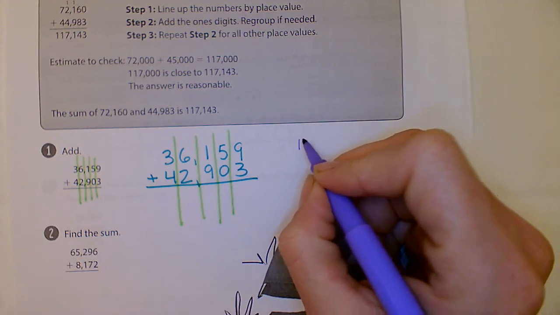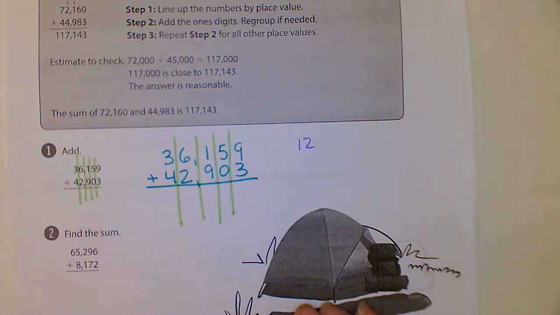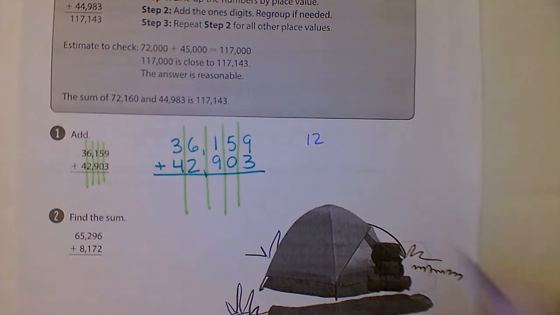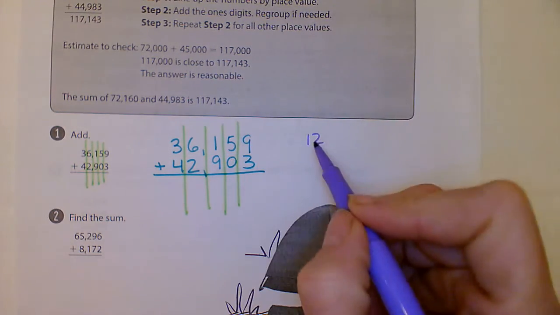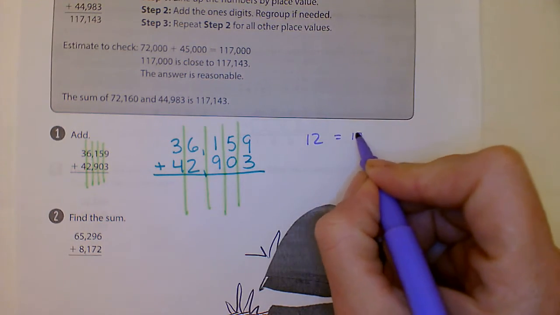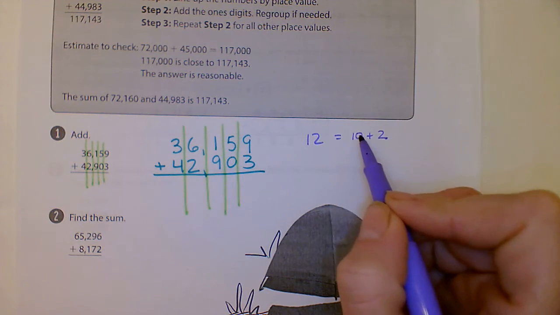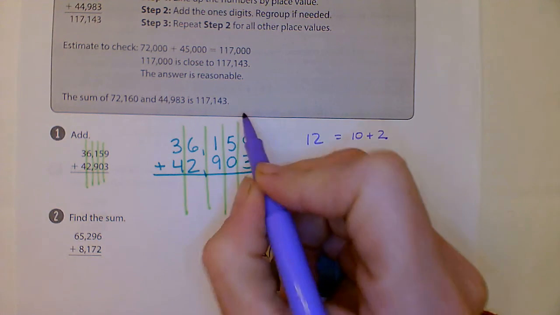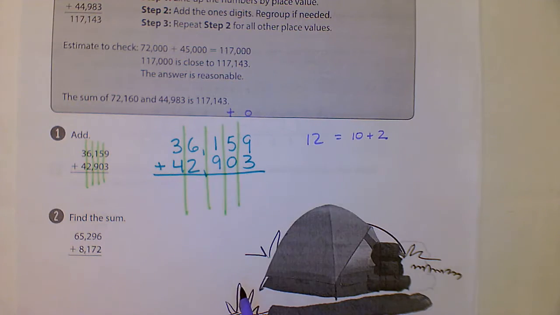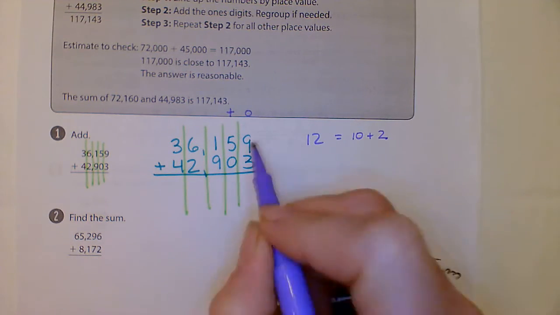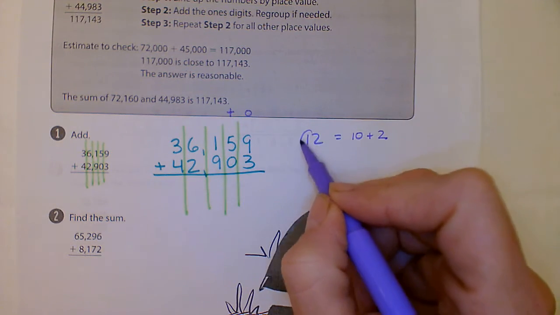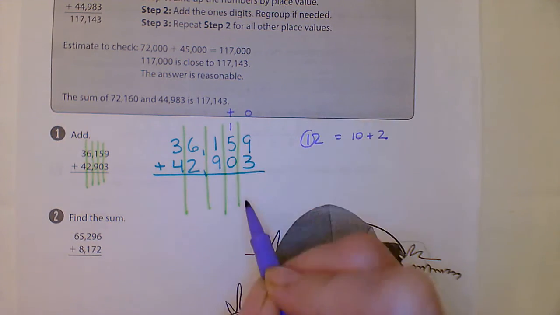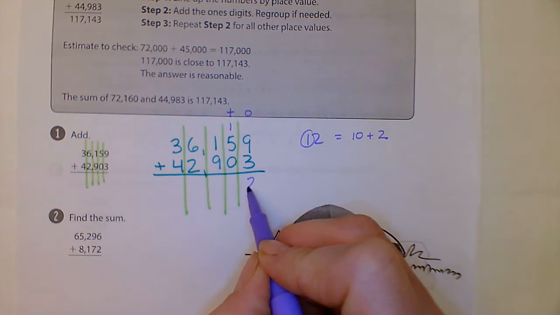And remember, I can't write 12 down here. Instead, what I'm going to do is regroup that 1. That 1 is going to move over because this is really equal to 10 and 2. And that 10 belongs over in the tens. We have our 1s, our 10s, and so on and so forth. So that 10 is going to get moved over. So this 1 is going to end up right here. So we're going to write the 1 up there and put the 2 down here.